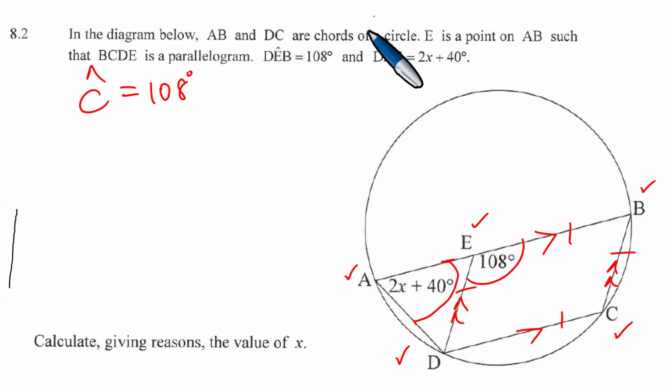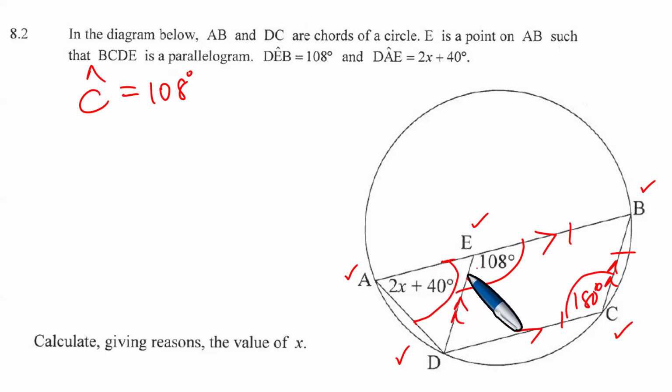Okay, in the end we're interested in finding the value of x. Angle C is also 108 degrees because at grade 10 we're taught that the opposite angles of a parallelogram are equal to each other.